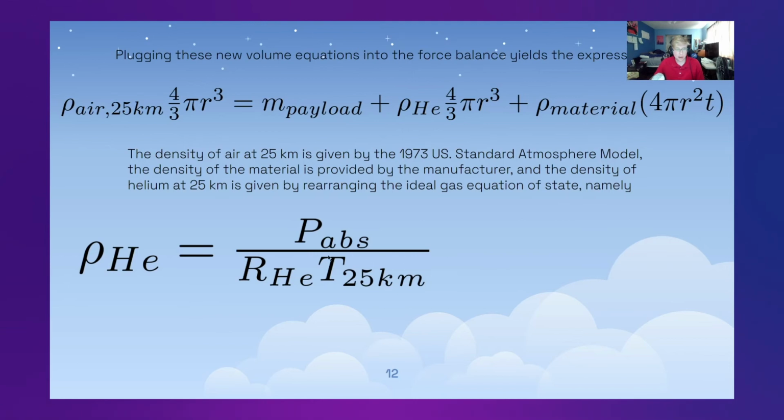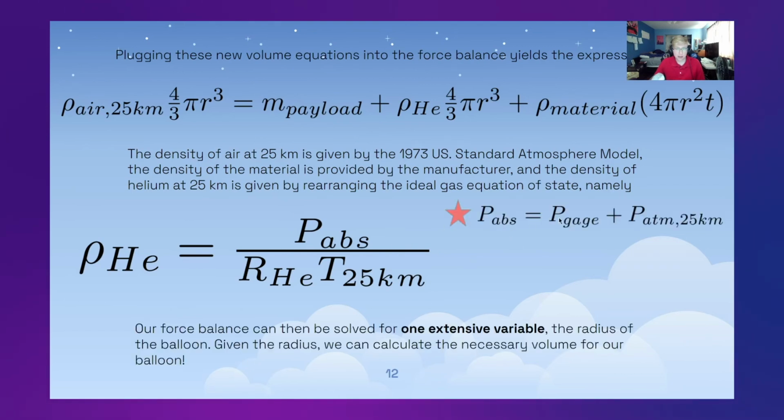This temperature at 25 kilometers is also given by the US Standard Atmosphere Model. And this P abs term is going to be the gauge pressure inside the balloon plus the atmospheric pressure at 25 kilometers, which again is given by the US Standard Atmosphere Model. And this term right here is just the specific gas constant for helium.